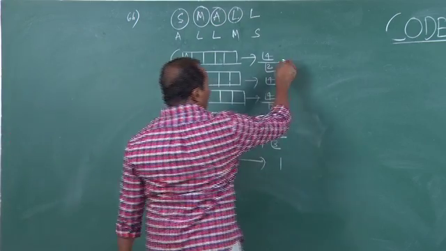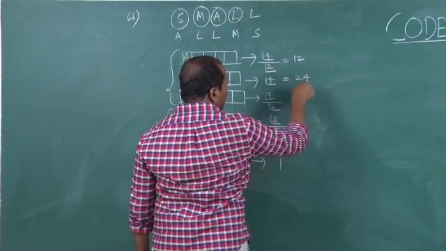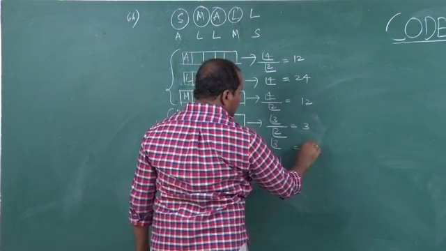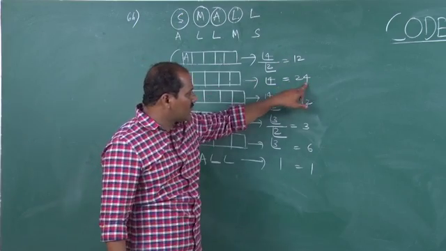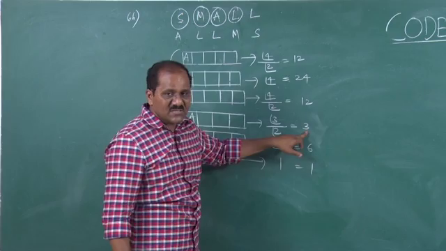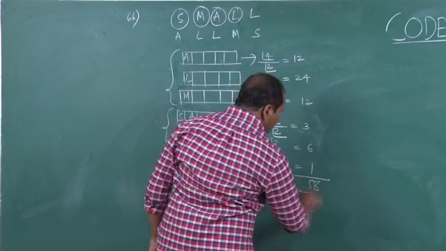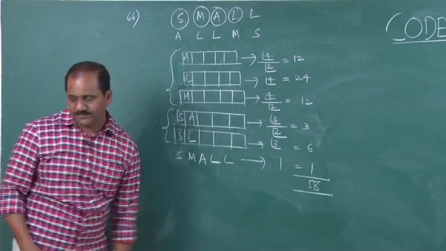The answer is 4 factorial by 2 factorial: 4 into 3 is 12, 24, 12, this is 3, 6, 1. Altogether, 12 plus 24 is 36, 36 plus 12 is 48, 48 plus 3 is 51, plus 6 is 57, plus 1 is 58. Hence the total rank of the word SMALL is 58.